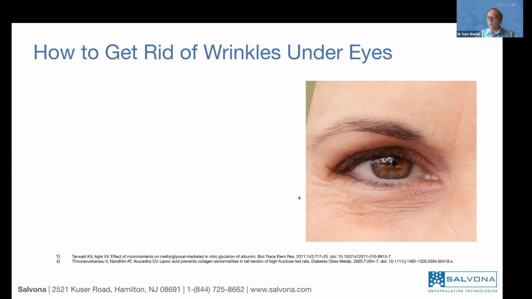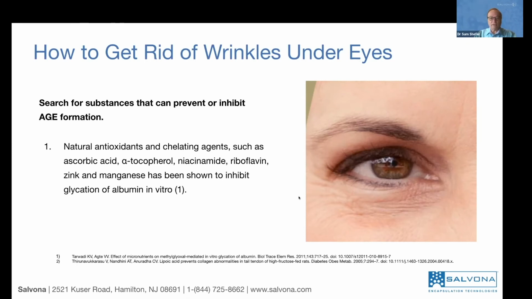And I found at least 2 that I share with you. One of them found that natural antioxidants and chelating agents such as ascorbic acid, alpha-tocopherol, vitamin E, and niacinamide, riboflavin, zinc, and manganese, they all have an ability to inhibit glycation of albumin.